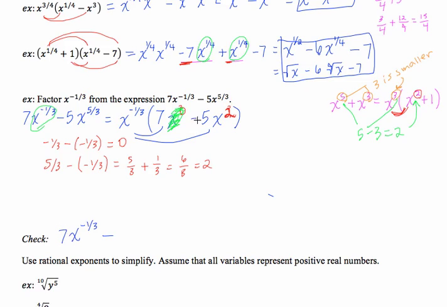Okay, re-expanding the second part, we'll have minus 5 times x to the negative 1/3 times x squared. Okay, simplifying, the first term stays as is. The second term, we have the same base, different exponents, and so we can add those two exponents, negative 1/3 plus 2.